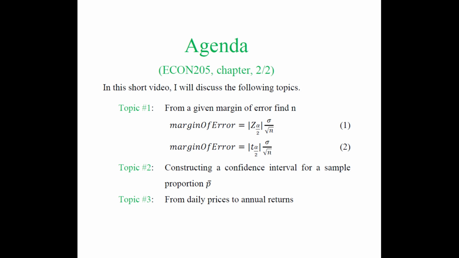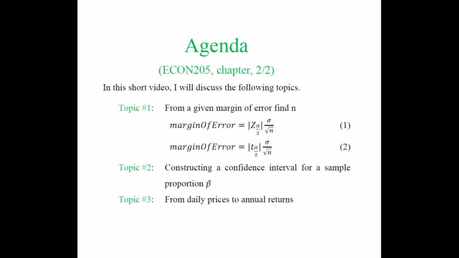Agenda. In this short video, I'll discuss the following topics. Topic number 1: from a given margin of error, find the appropriate n. N here is the number of observations. For equation number 1, the standard deviation is given, so we apply the normal distribution.